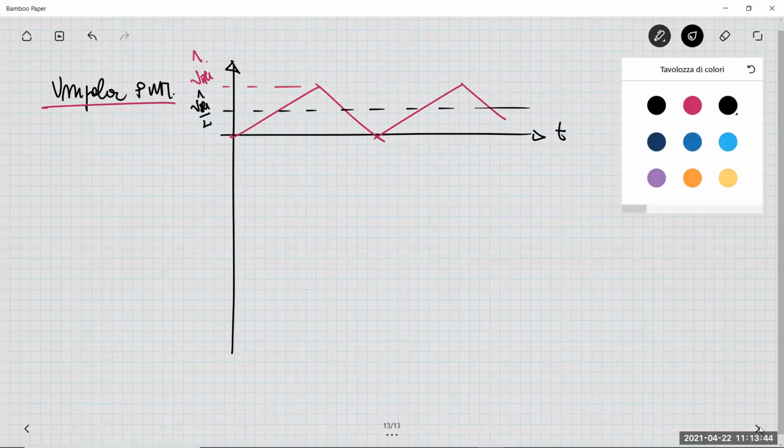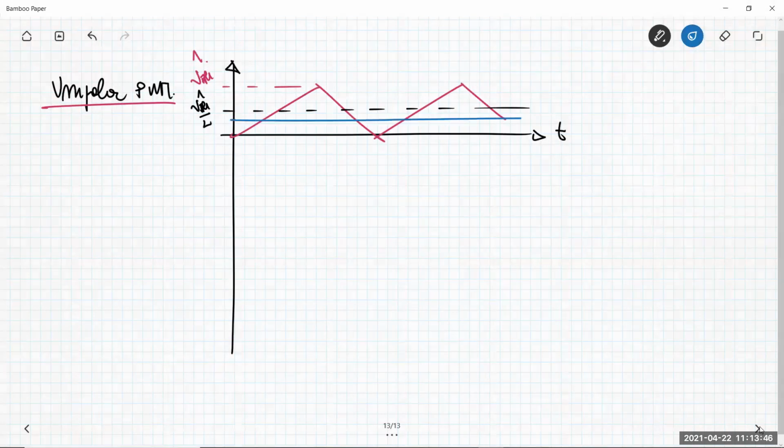Supposing that now my control voltage is here. This is V control, which, by the way, is also the control of the leg A.